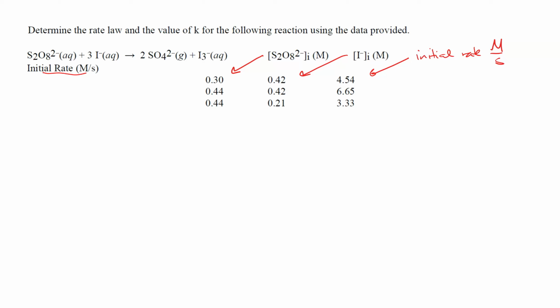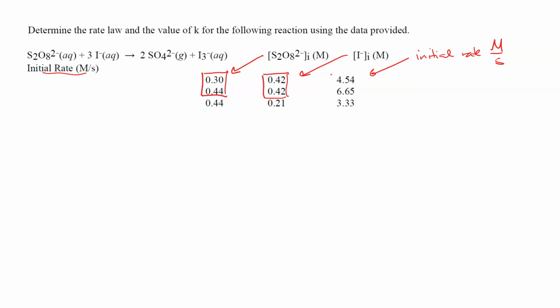So let's start with looking at this one. Let's hold our iodide set. So iodide is going to be held at the same concentration, and at those two concentrations, we've changed the concentration of S2O8.